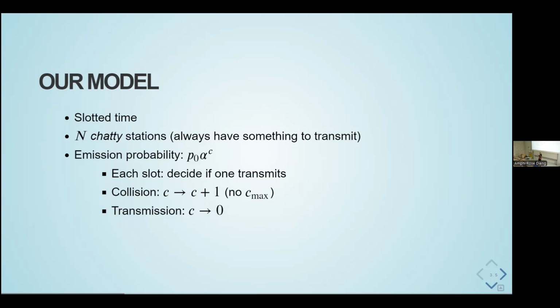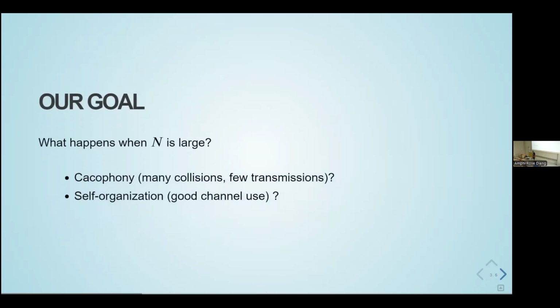And it's much simpler and almost equivalent to assume that at each time you decide if you transmit or not. So the equivalent of doubling the window consists in adding 1 to your parameter C. And the equivalent of having a success and resetting your window is setting C to 0. So far, so good? Great.